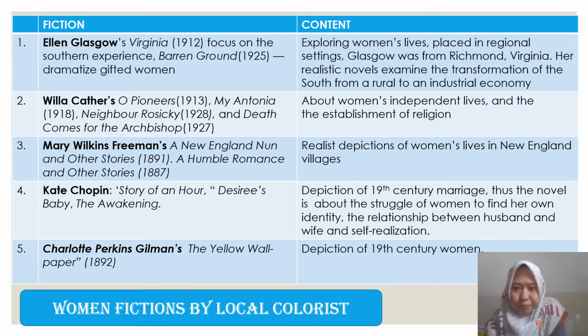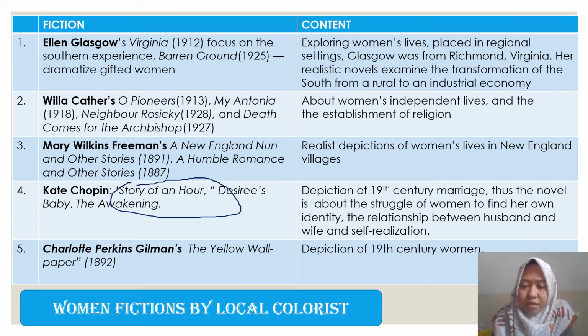For example, The Story of an Hour, one of the short stories written by Kate Chopin, is a depiction of 19th century marriage: the struggle of a woman to find her own identity, the relationship between husband and wife, and the self-realization of a woman in marriage.